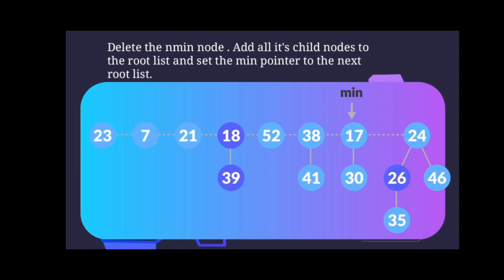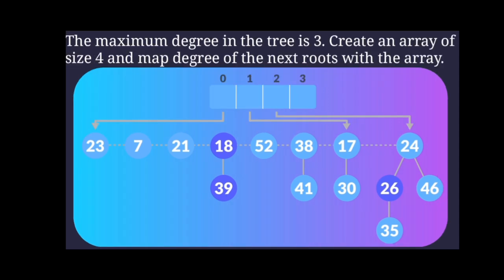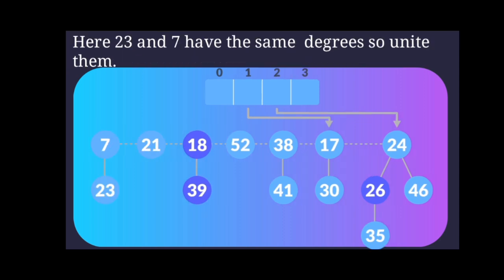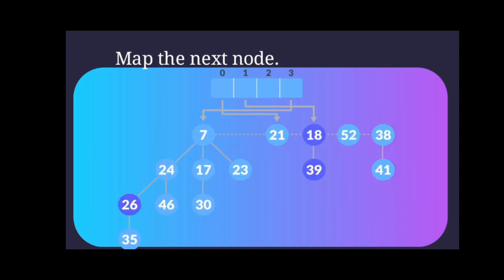So the next one, we will create an array of size 4 and map the degree of each root with the array list. In here the maximum degree in the tree is 3. So in here 23 and 7 have the same degree, so you will unite them. When we say degree, it is the number of children of the root.